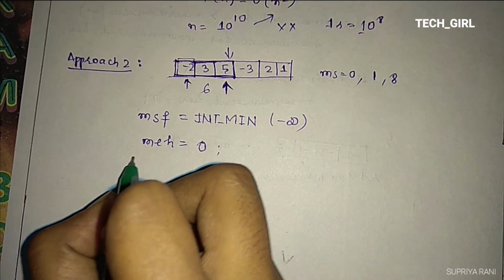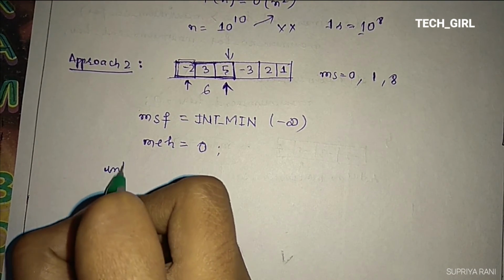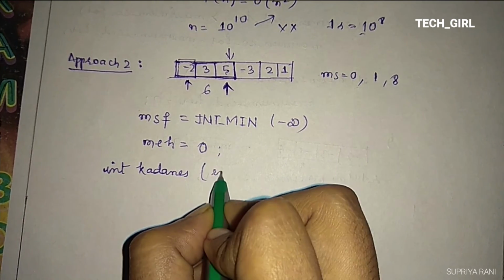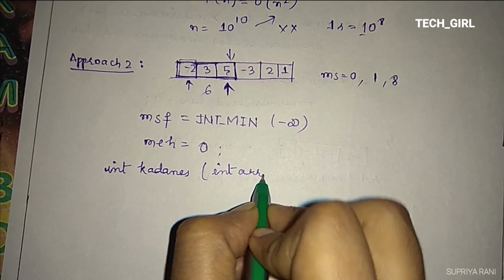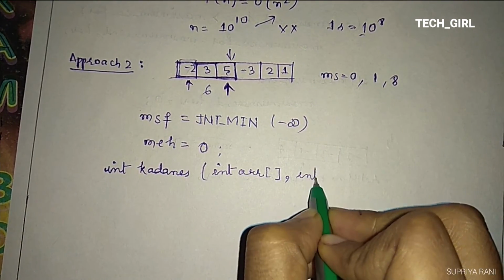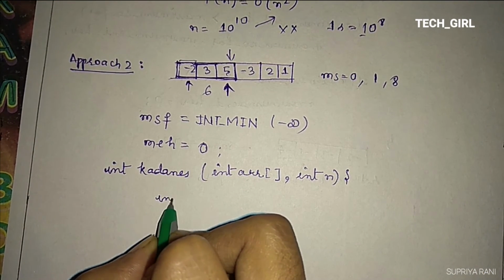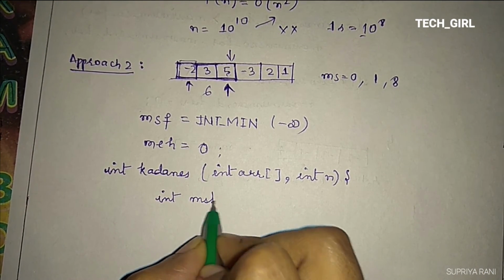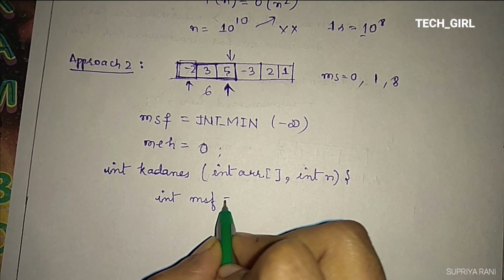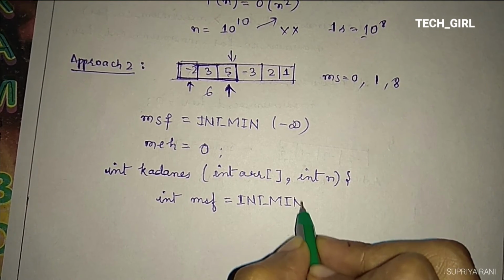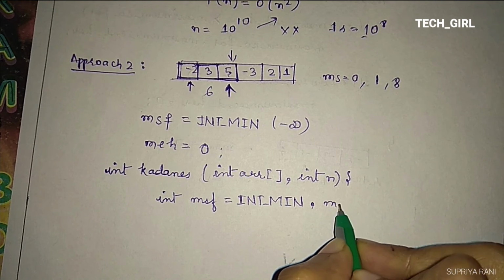Now, I'll run a loop. So firstly I'll make a function which will take 2 parameters. One is the array and one is its size. I'll take 2 variables, one is maximum sum so far and one is maximum ending here.